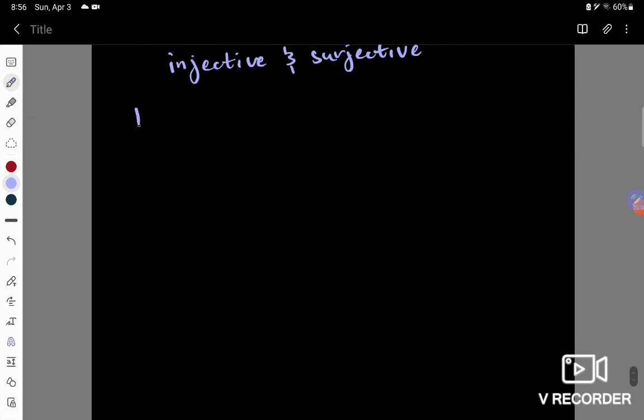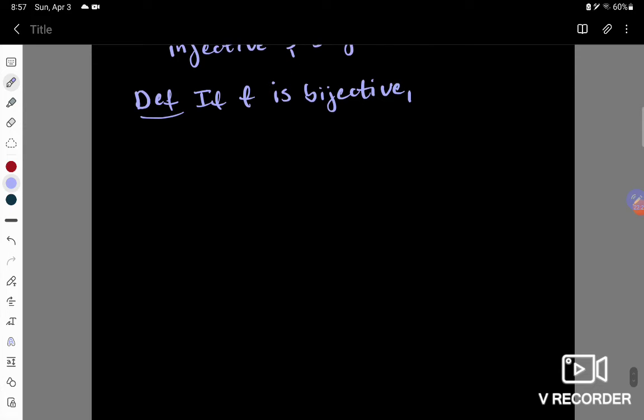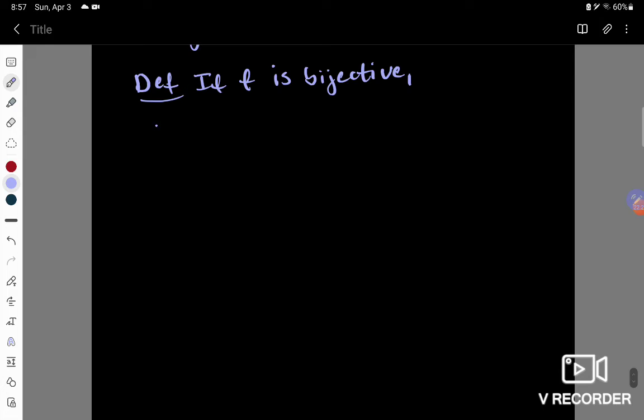So let's see. Now, definition, if f is bijective, there exists, actually, let me just write this out. I shouldn't be using this. There exists notation in a definition.